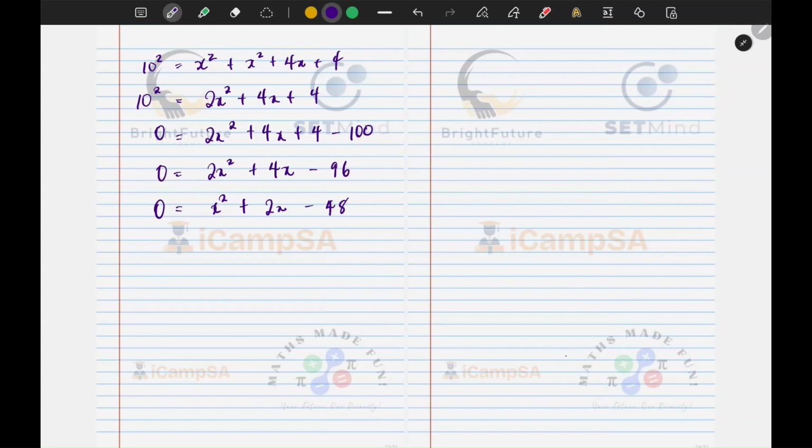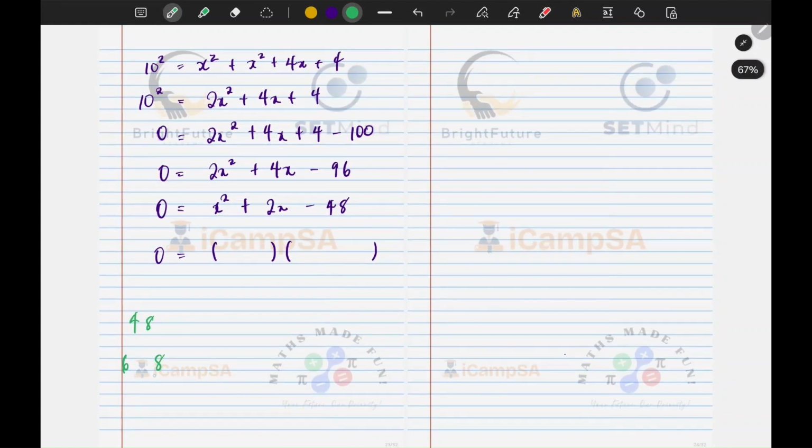So from here we can find our factors. What are the factors of 48 that can give us positive 2? So 6 times 8 is going to be 48. So in order for us to get positive 2, this should be positive, this negative. Negative 6 plus 8 is going to be 2.